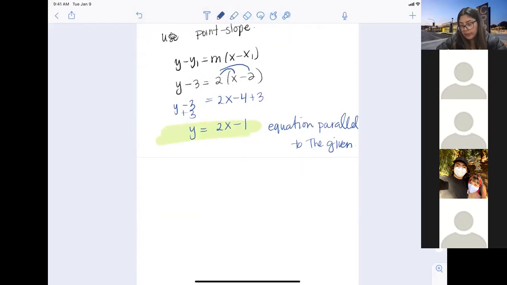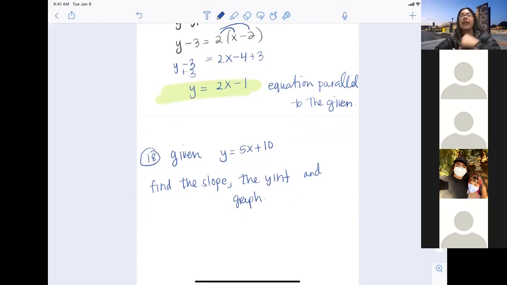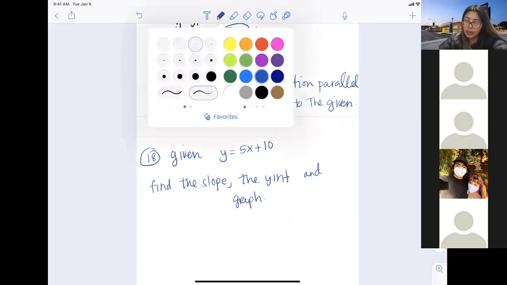So question 18, very simple. Given y equals 5x plus 10, find the slope, the y-intercept, and a graph. Notice that this equation that I gave you was in slope-intercept form, already given to you in that form.